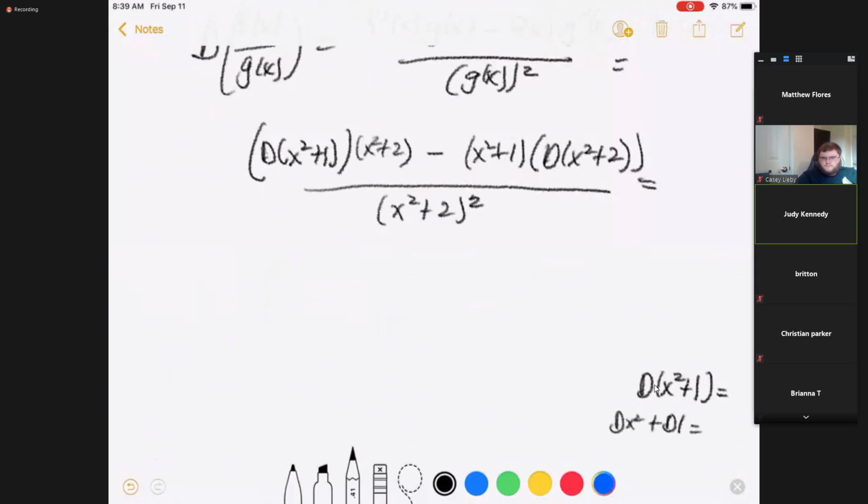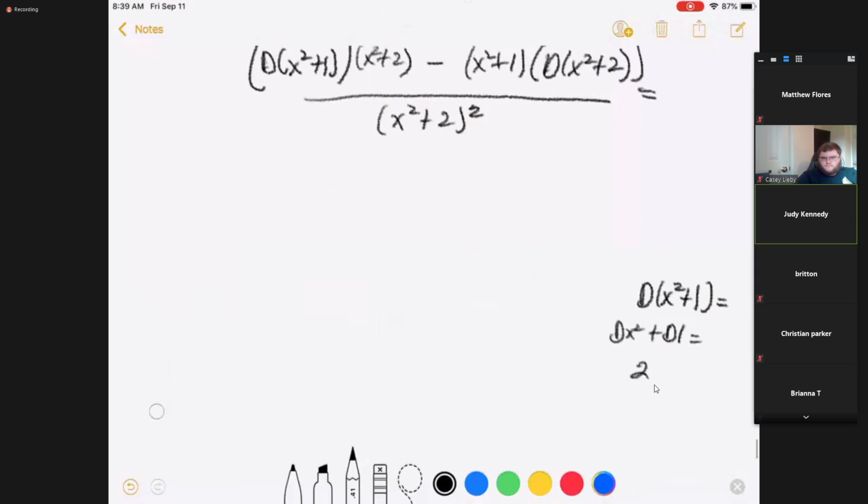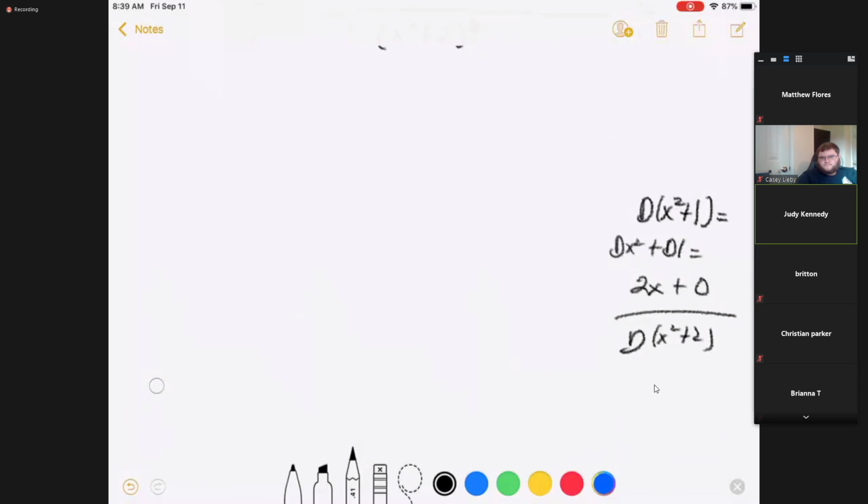And the derivative of x squared is 2x. The derivative of a constant, 0. Okay. The derivative of x squared plus 2, that's your denominator function, is equal to the derivative of x squared plus the derivative of 2.